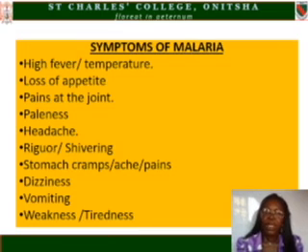Now we have symptoms of malaria. Because you now have the plasmodium right inside your blood system, you begin to have symptoms of malaria. And those symptoms lead to the sickness itself, which is malaria. The symptoms include high fever, the person will begin to have a high temperature. The next one, loss of appetite.